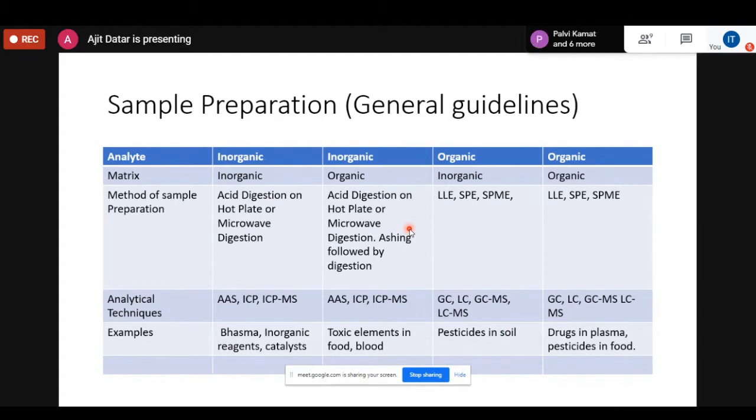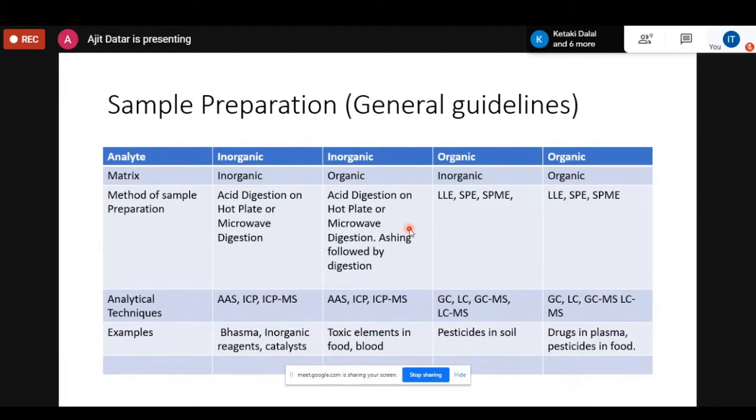And then because organic matrix is there, we can use one more technique apart from digestion, we can do ashing of that organic. So when organic will burn, what will happen? The ash will form, and ash is nothing but inorganic. And after forming ash, we can then digest it in acid and then use it. Okay, so there are two techniques available.